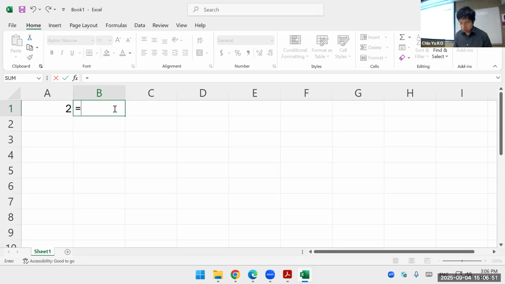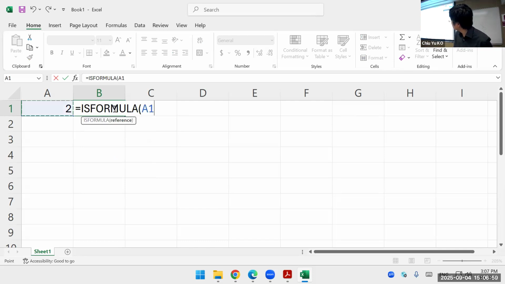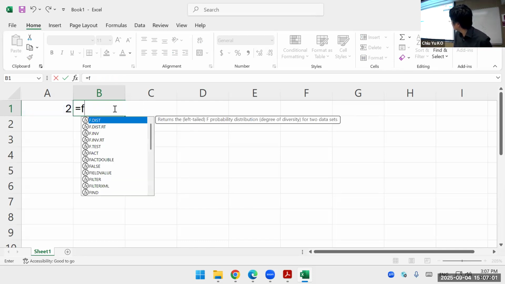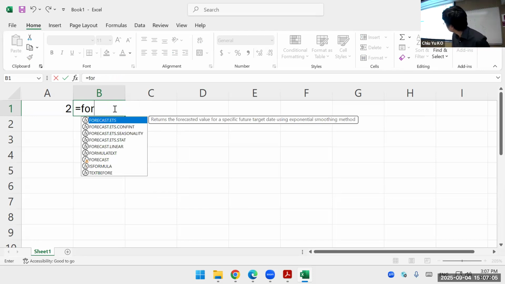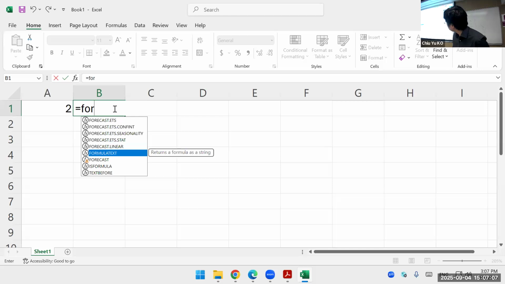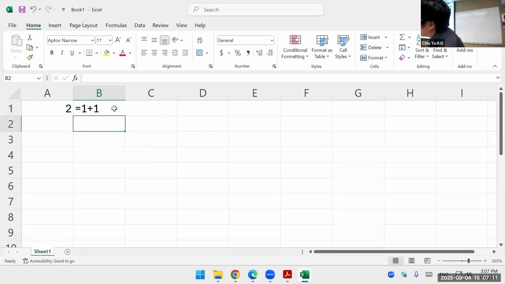I use the formula text function, and this will show you the formula. So that's how I would do it.